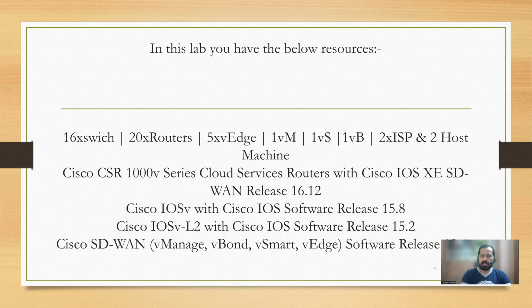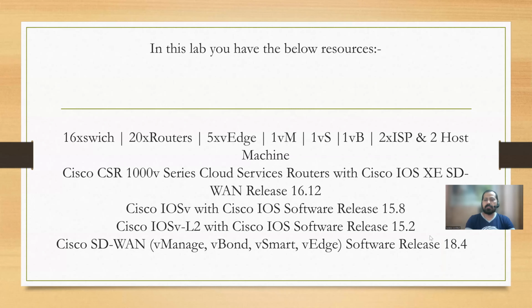This is an exact match to what we have in the exam as well. For example, for SD-WAN, you need to work on vEdges and the vManage. The release is 18.4, the same release we have in the exam. So this will be a very similar lab setup to what you have in your CCIE exam, for practice purposes.